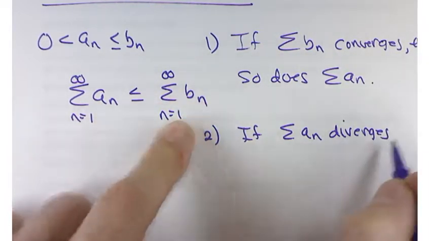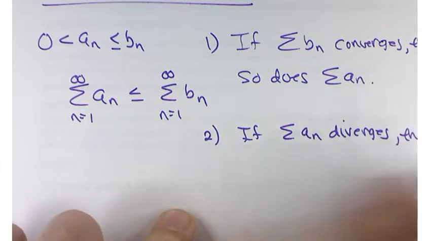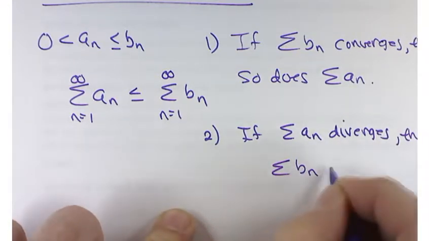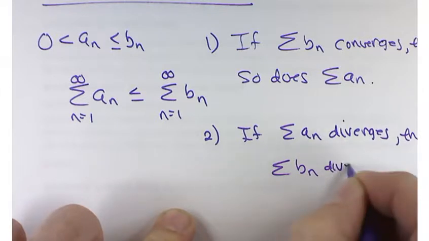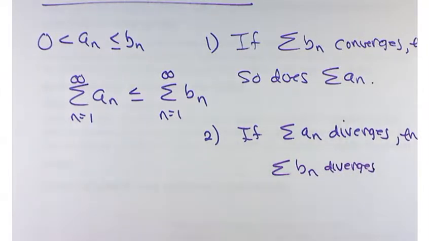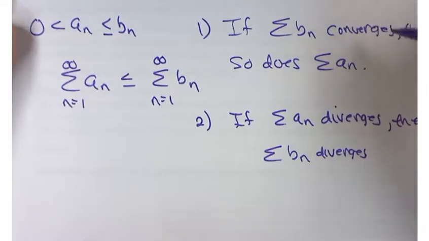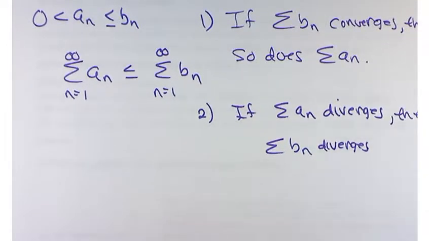So if a sub n diverges, then this series diverges. It just depends on what you're trying to prove, and it helps to have a good idea of that. You look at your series and go, well, it's close to this, and that converges, or it's close to this, and that diverges. So it's helpful to know roughly what to expect, even without necessarily doing the complete proof.